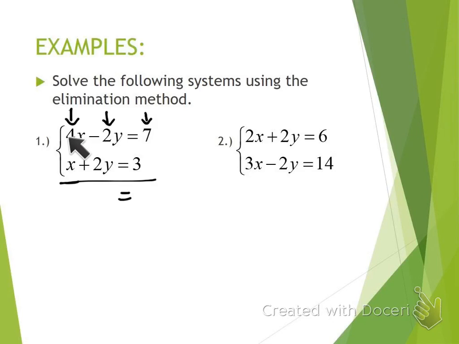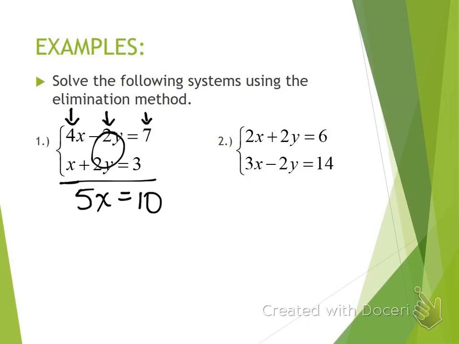So if I take 4x and x and combine them or add them, what does that give me? 5x. What happens when I combine negative 2y with positive 2y? They cancel out. That's why I didn't leave any room for them. Those cancel to 0. We could just make a big 0 there. What about combining positive 7 with positive 3? We get a 10. Are we all okay with that part of it?